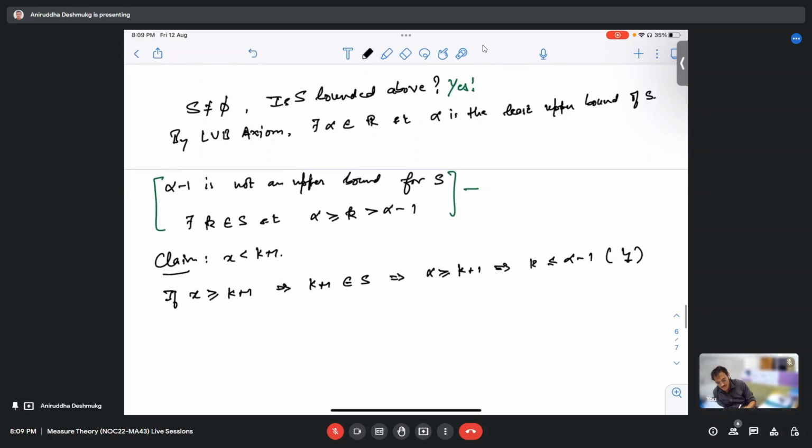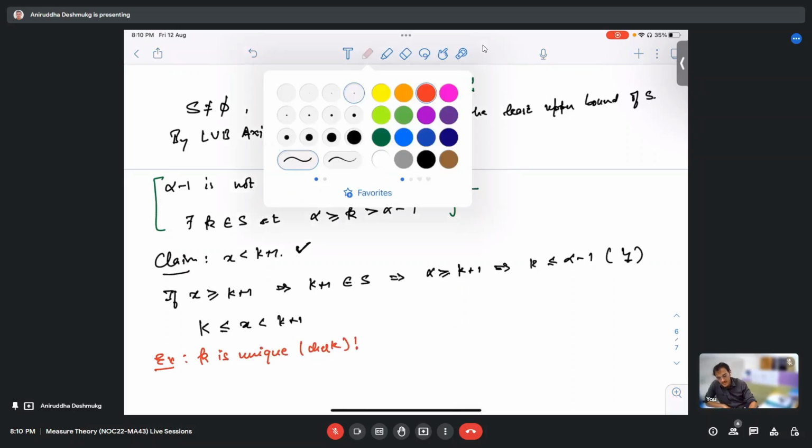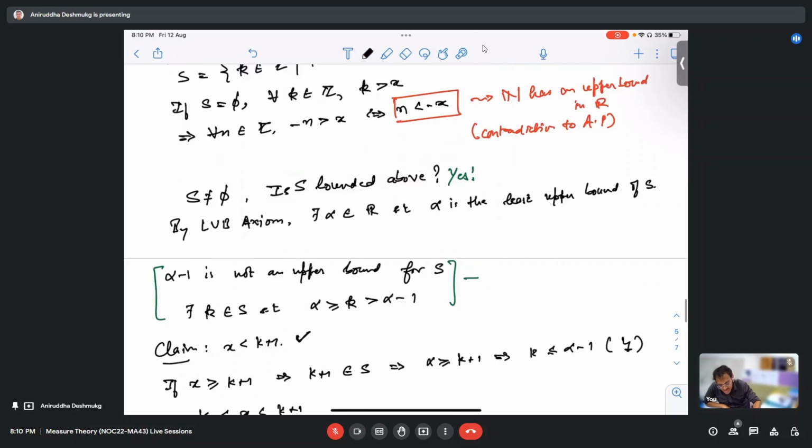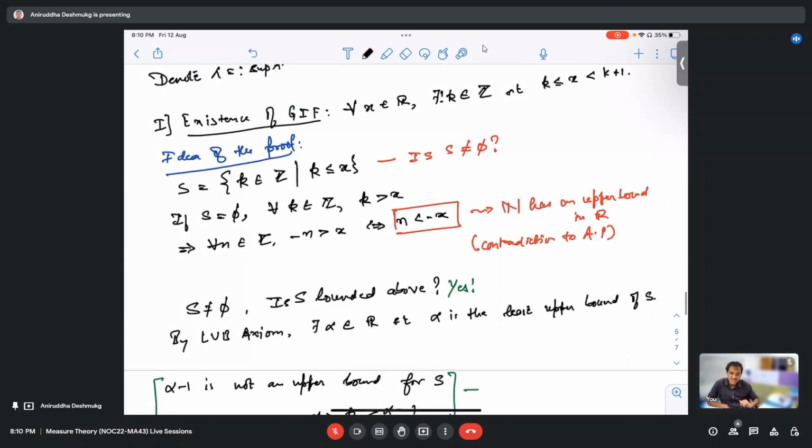So therefore, this claim must be true. And then we get the result, right? That k is less than or equal to x, less than k plus 1. And as an exercise, you can check that this k is unique. Okay. So is this existence of the greatest integer function clear?